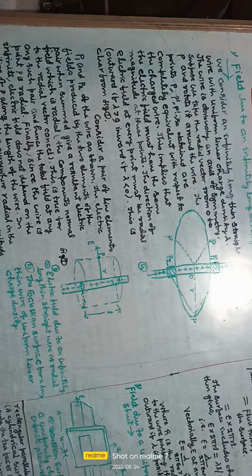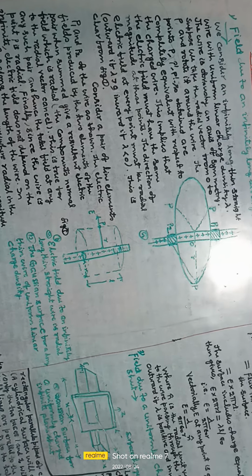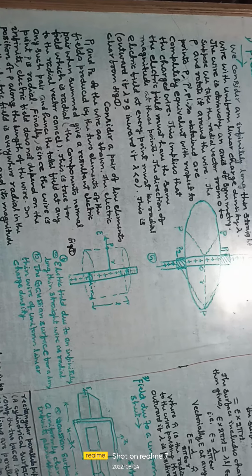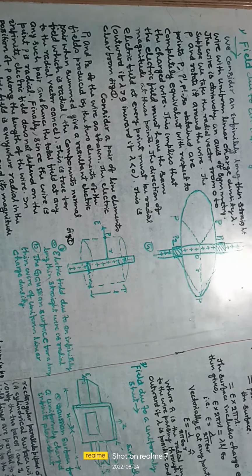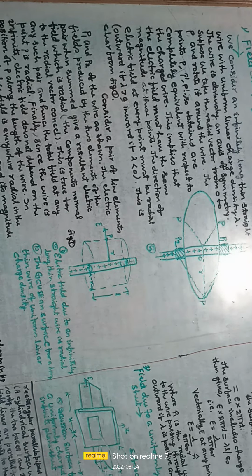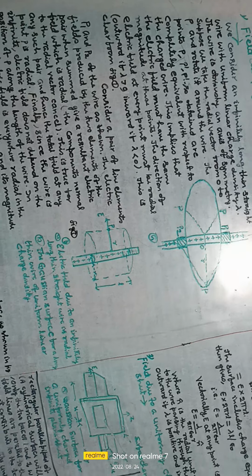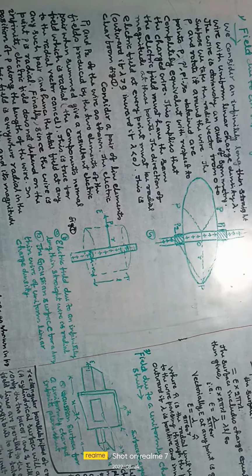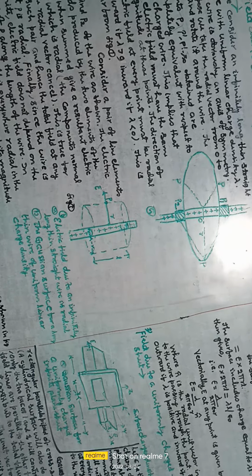To calculate the field, imagine a cylindrical Gaussian surface as shown in the figure. Since the field is everywhere radial, flux through the two ends of the cylindrical Gaussian surface is 0. The field is normal to the curved part of the surface at every point and its magnitude is constant, since it depends only on r.